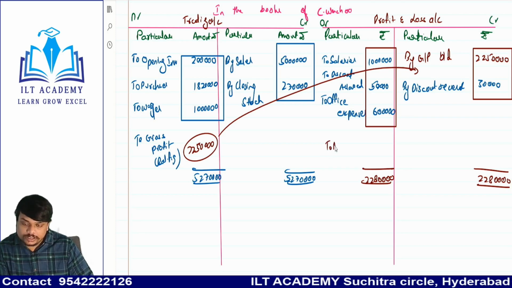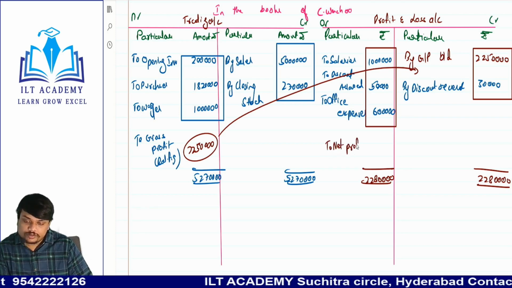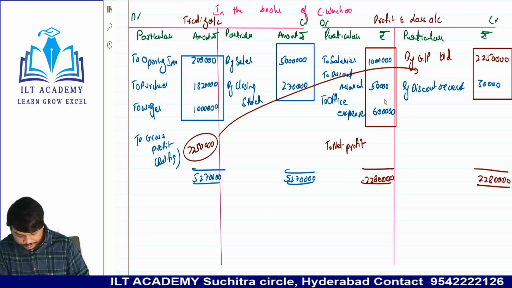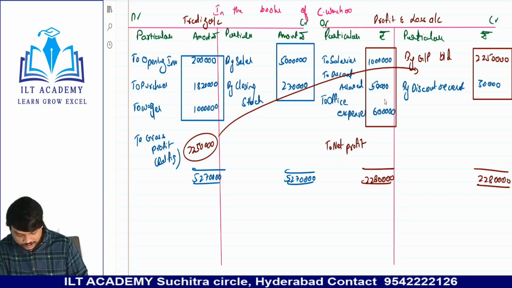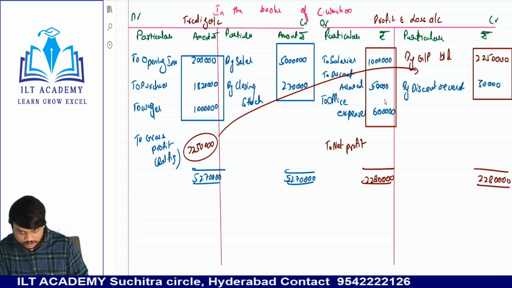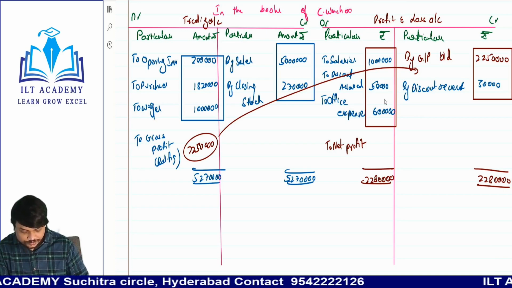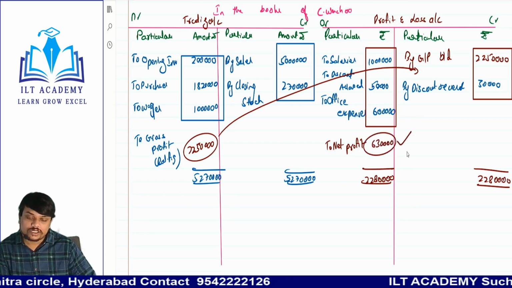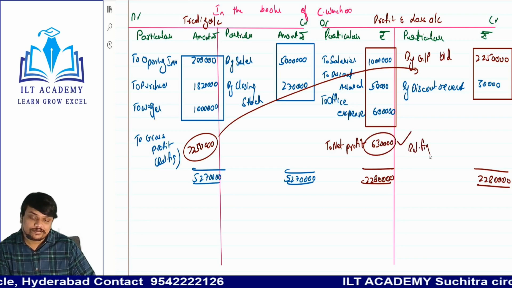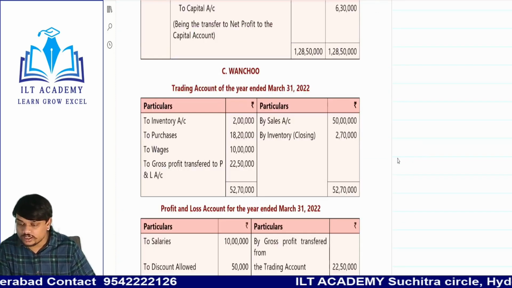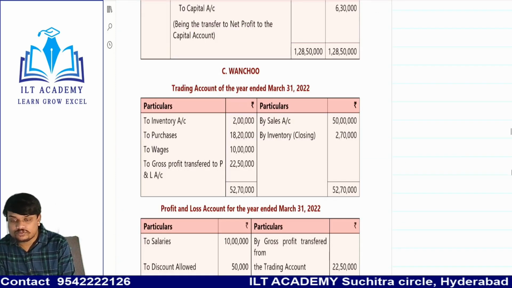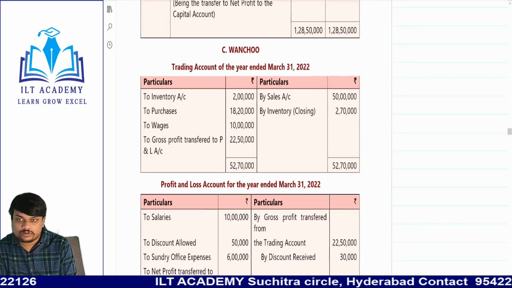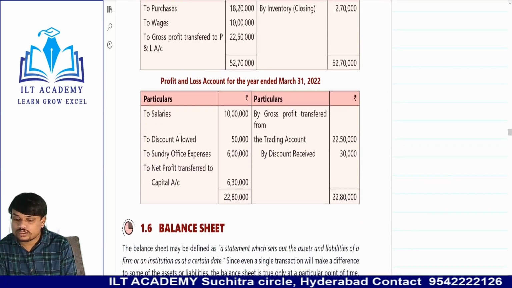Then you are going to get net profit. This 10 lakh minus 10 lakh minus 50,000 minus 6 lakhs. This is 6 lakhs 30,000. The balance. Got it, ma? Lakhs 30,000.